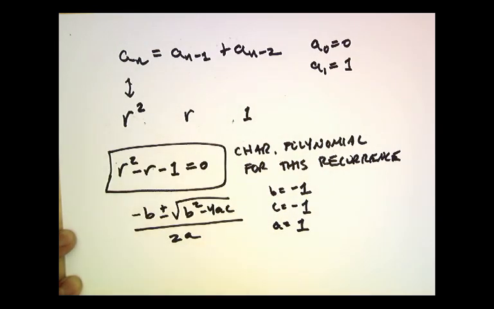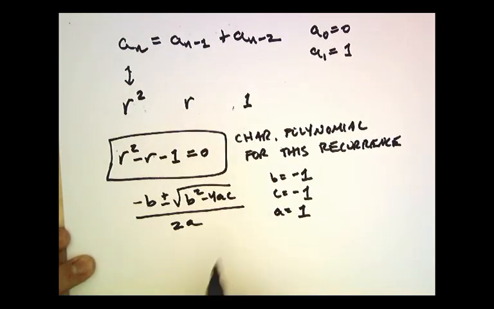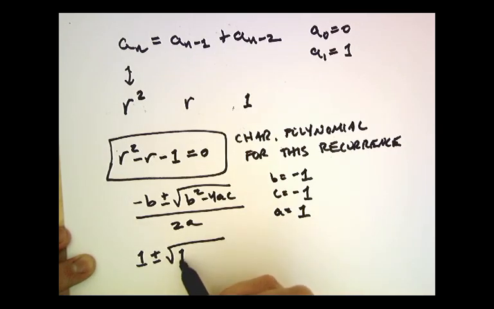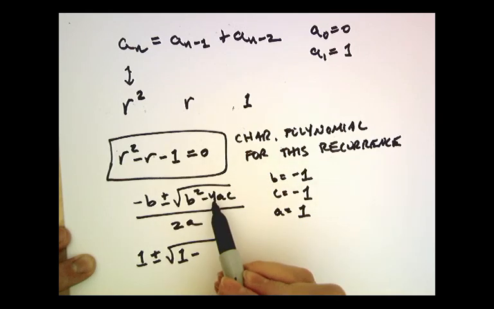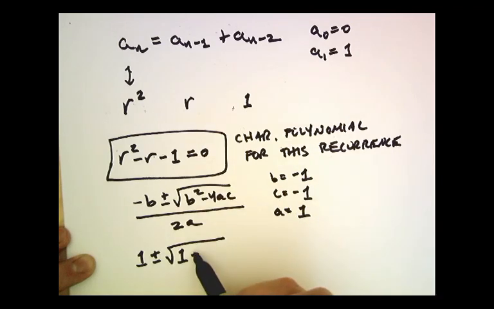Okay, so plugging it into our quadratic formula, we see that the roots here are 1 plus or minus the square root of 1 minus 4 times A times C. See, 4 times A is 4, times C is minus 4, so this is going to be plus 4, over 2A, which is 2.